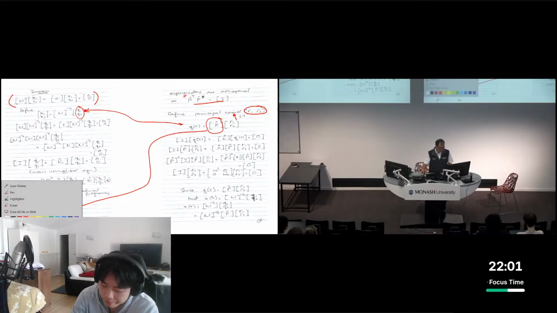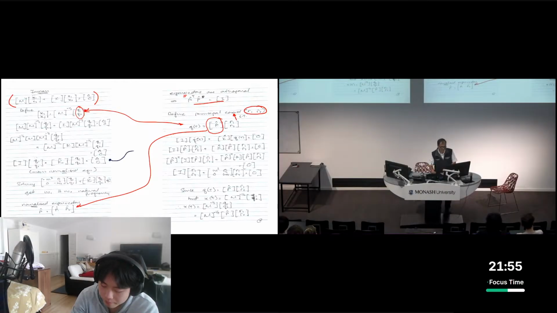if I now started with this equation, I'm going to substitute the definition of the generalized coordinate with this. And now when you do that, you end up with a system of equations that looks like that.